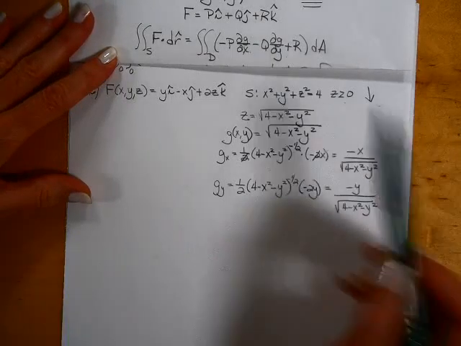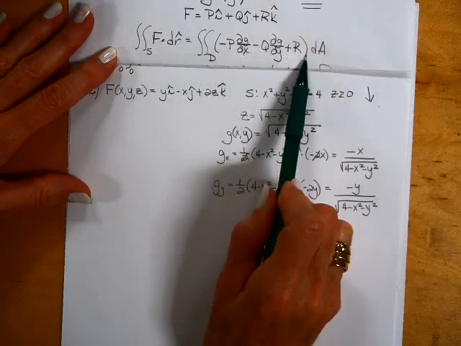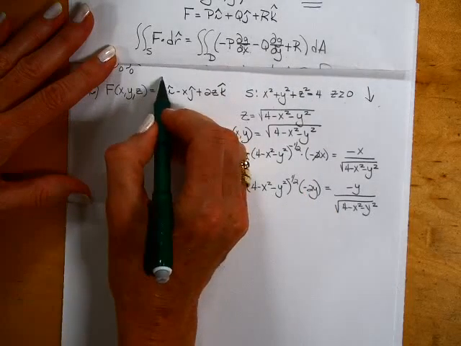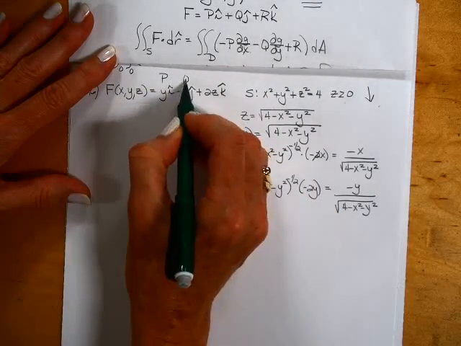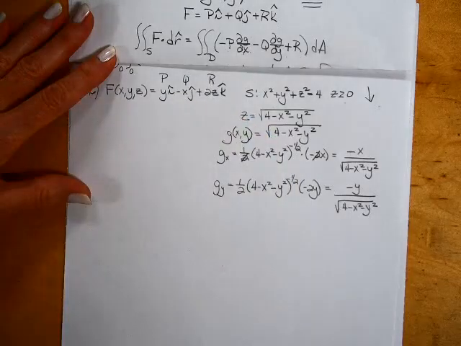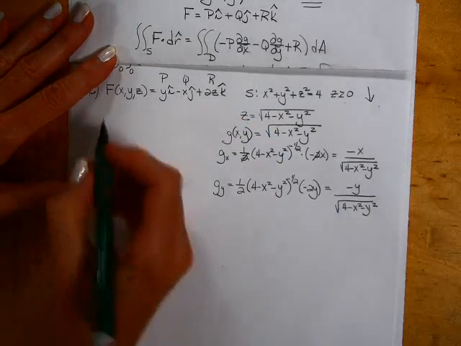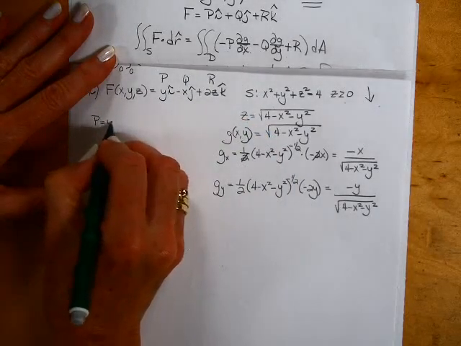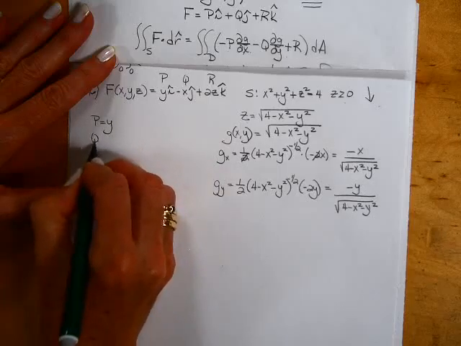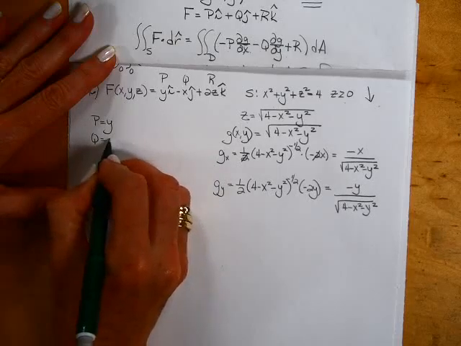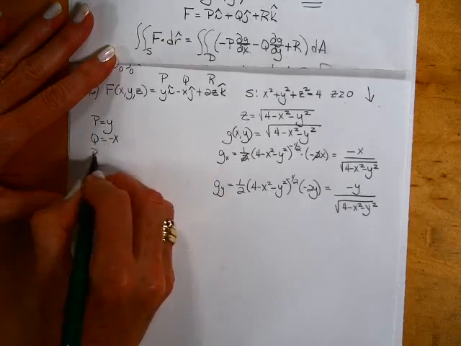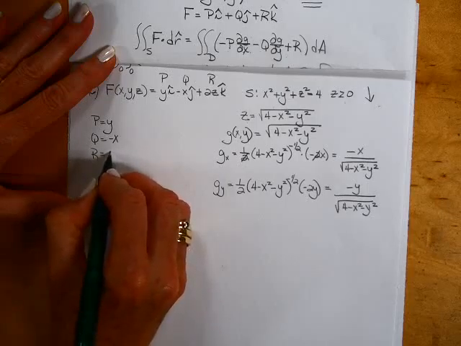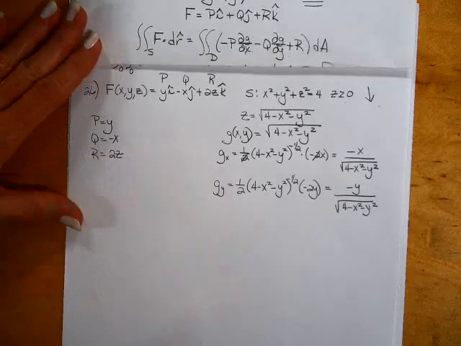Okay. This also uses P, Q, and R. Up here, this is P, this is Q, this is R. So P is y, Q is -x, and R is 2z.